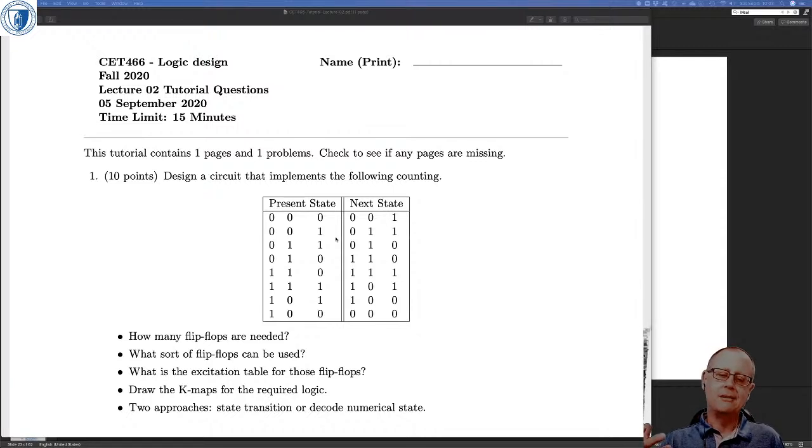So the example we just went through was a modulo 8 counter, and it goes from 000 to 001 to 010, etc. This one is doing something a bit different, and it's not counting exactly the way we would expect.